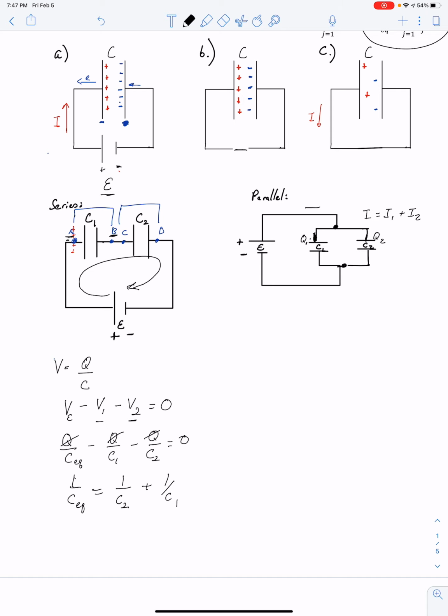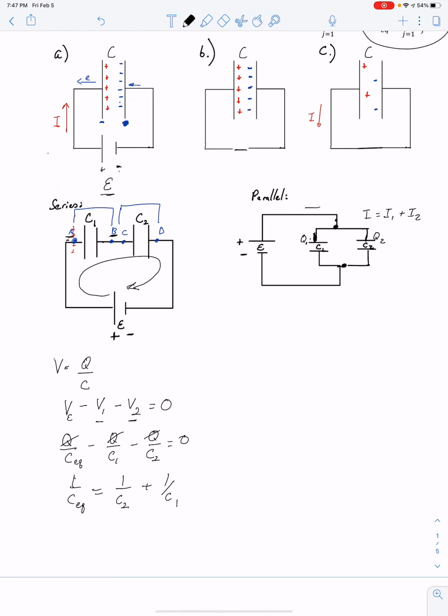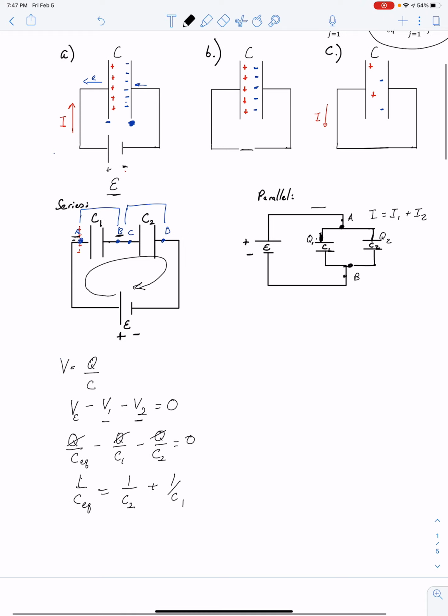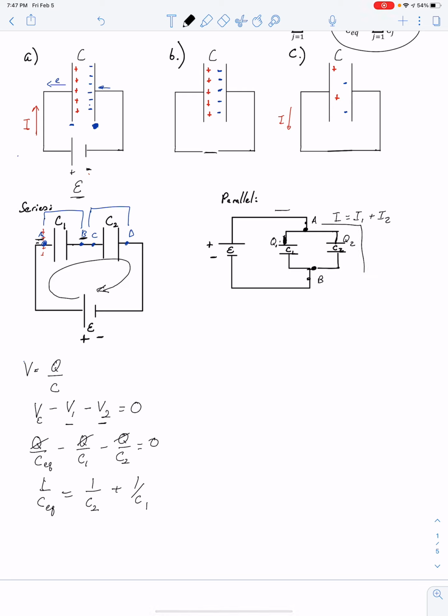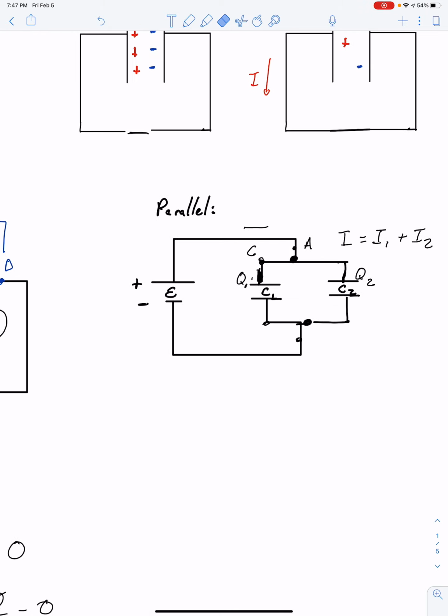But if we measured the electric potential from A to B, it would still be the same electric potential as if we measured from C to D. And the electric potential doesn't change because, unlike the series, where, let's put it like this, there's an actual blockage, with C1 first and then immediately after we have C2, in this case both of them are in parallel.